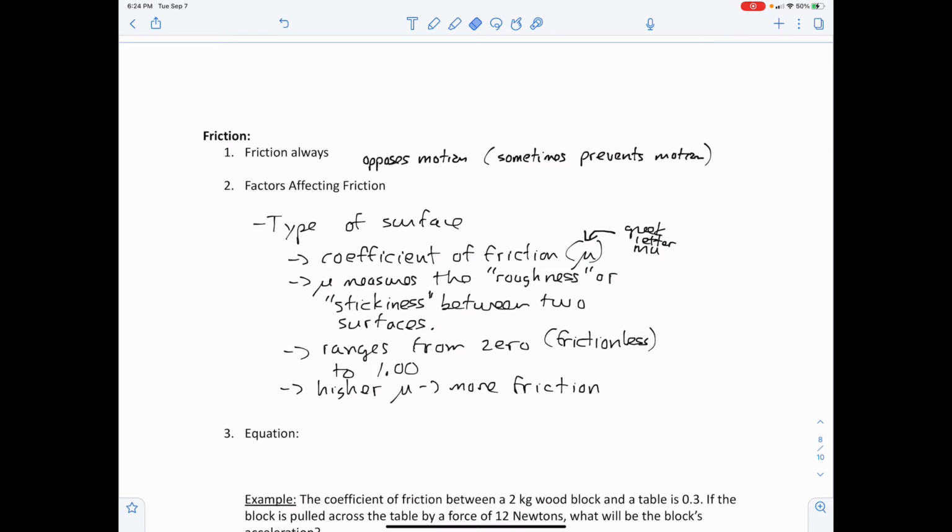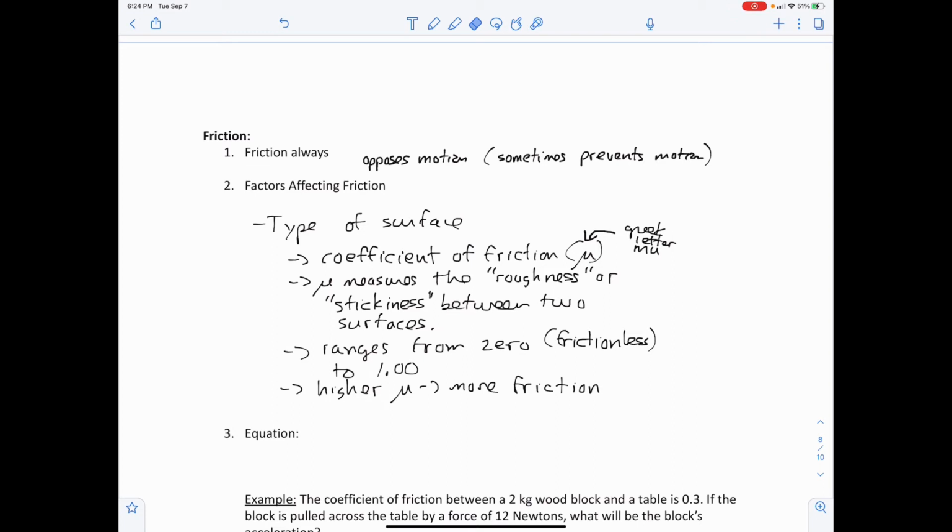If it's like a car riding on the road, it would be the rubber tires against concrete, right? Maybe it's wood on sandpaper. Maybe it's wood on wood. Maybe it's wood on glass or rubber on glass. So the type of surface of the two substances need to be taken into account. That's one thing that affects friction.